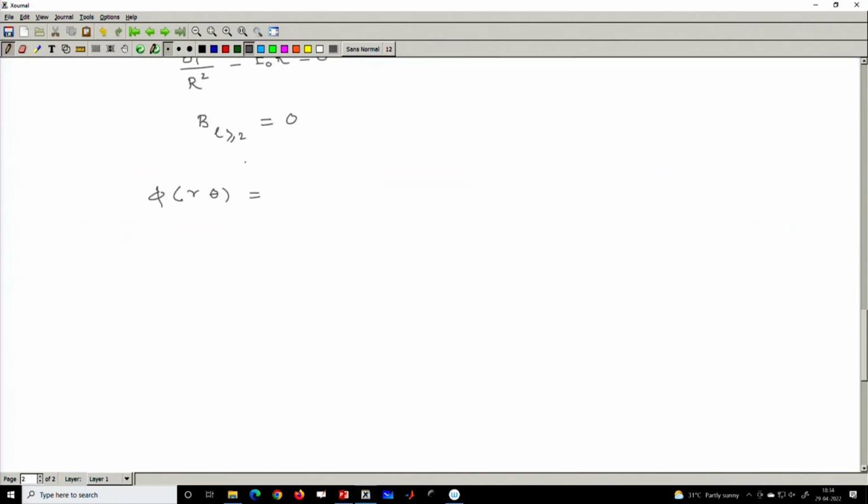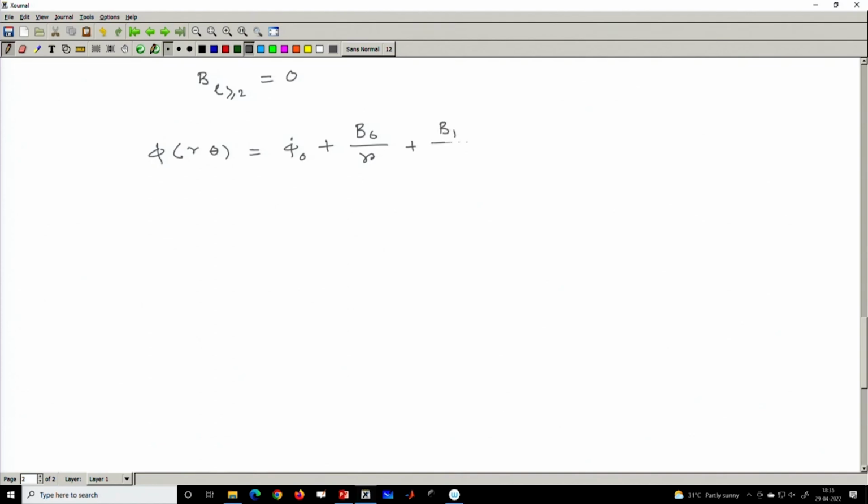So, I simply have phi 0 and then B 0 divided by R plus B 1 divided by R square cos theta, because all the BL, L greater than or equal to 2, is 0. So, that should be my term.